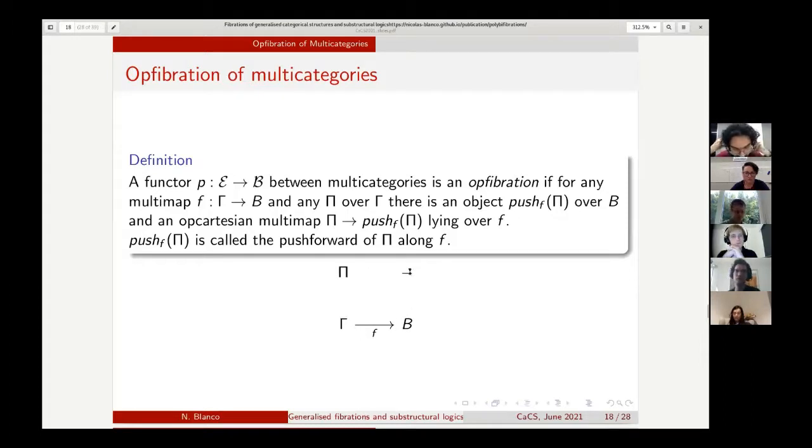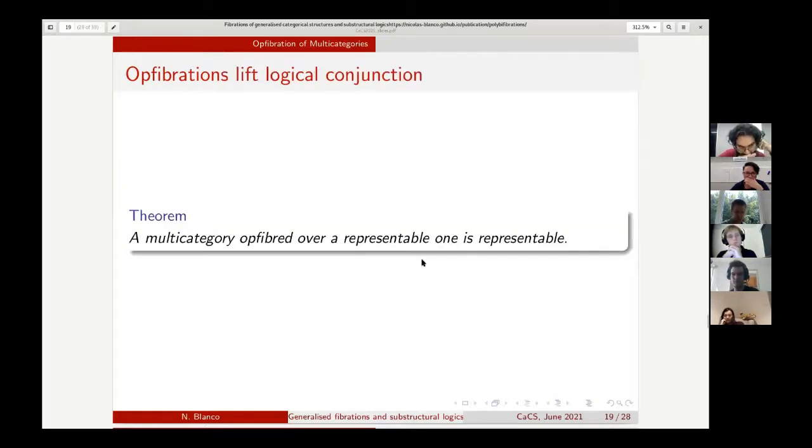And so in particular, if I'm taking the push forward along the tensor map, the one that goes from A, B into A tensor B, I will get a tensor over there. So what I did for Banach spaces and vector spaces can be done for any multicategory. And we can prove that a multicategory op-fibered over a representable one is representable. So if I have tensor in the base, then I get tensor on top.